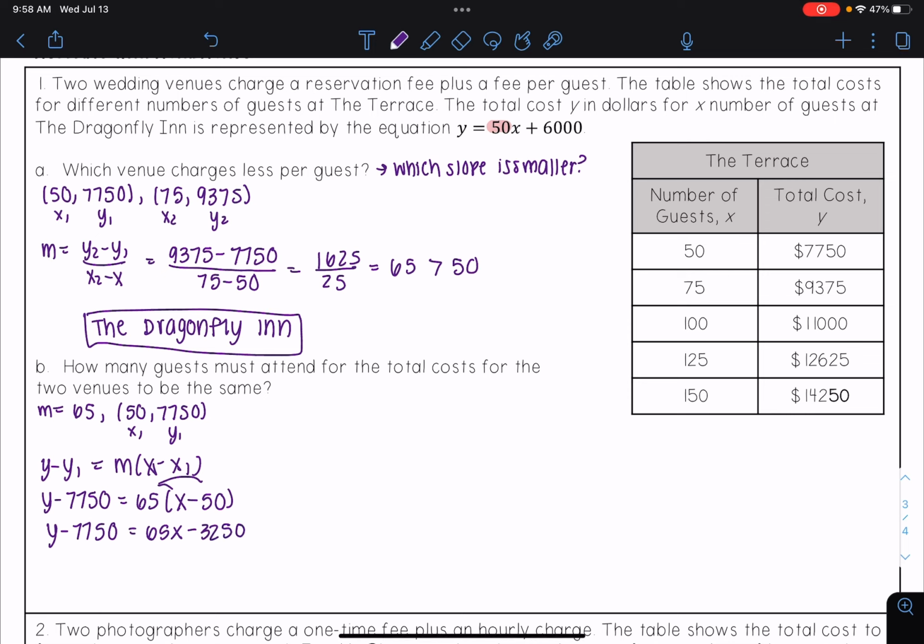And then I can add 77.50 to both sides to get y is equal to 0.65x plus 77.50 minus 32.50, I get 45. So that's the total cost for my terrace.